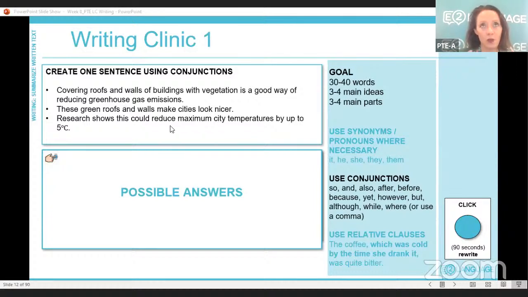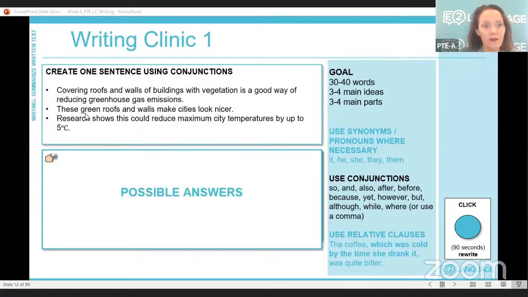Now, when we use a word like in addition, even also, we actually need to put and, because usually those linking words are at the beginning of a sentence. And that's fine if we use them at the beginning. But if we put them in the middle, to make it grammatically correct, so it is joining the two sentences correctly, we need and.